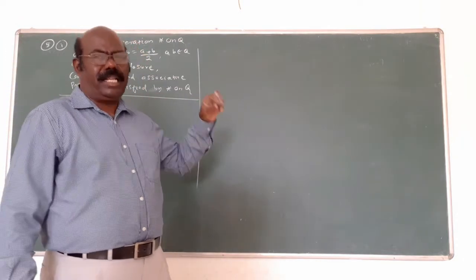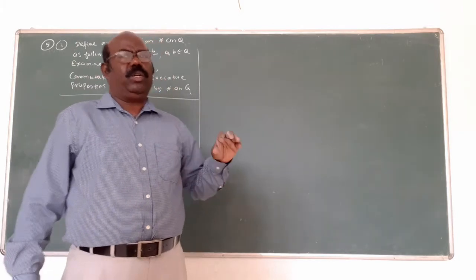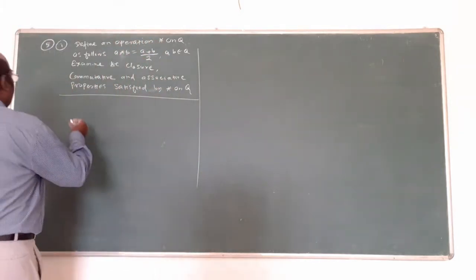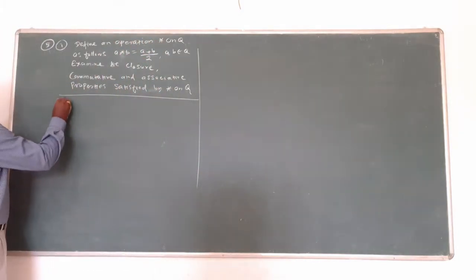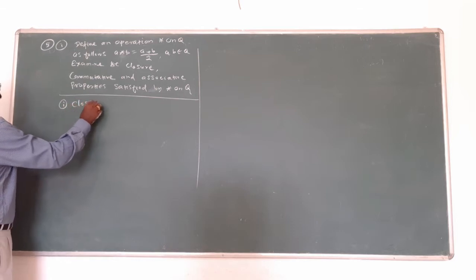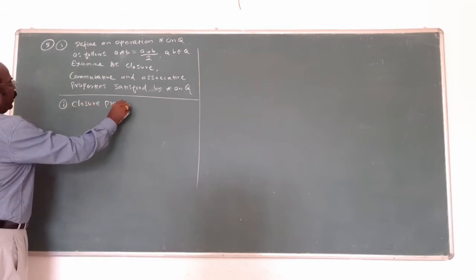Closure, commutative, associative. The first one, put the heading: closure property. Write the answer.